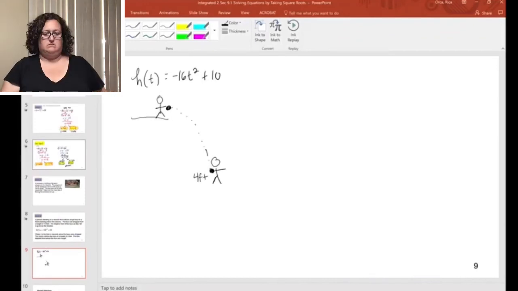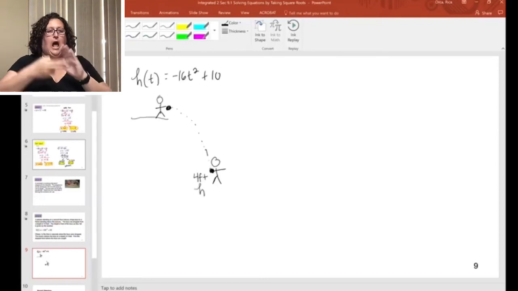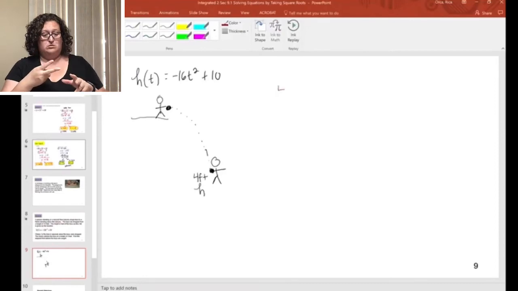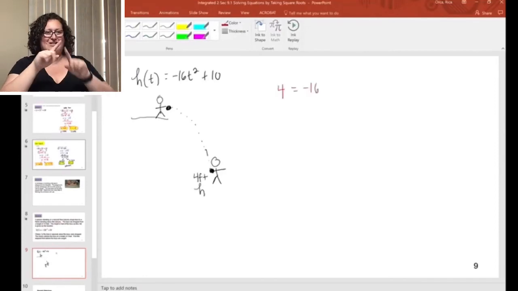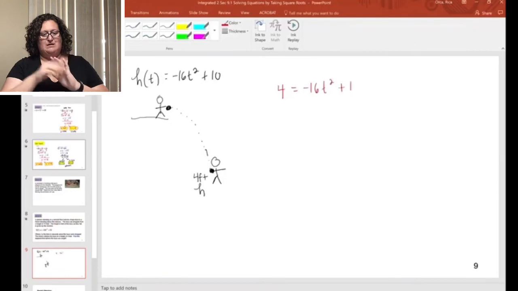So let's go to our equation. Our terminal height is 4. This is going to be our h value. Let's plug in 4 to h of t. So that's 4 is equal to negative 16t squared plus 10. And from here, solve.